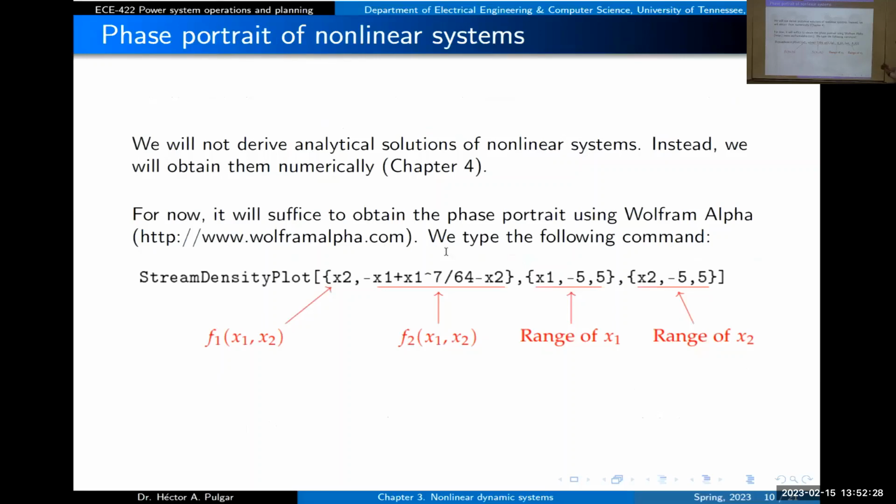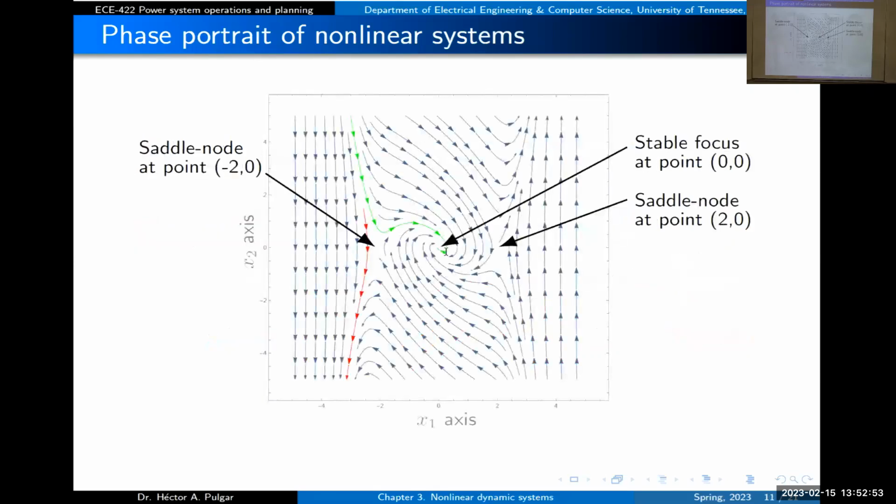To verify this, because we're not going to get the solution in this chapter, we're going to work on that in the next chapter, chapter 4. But for now, we can use Wolfram Alpha, and we can get the stream plot. You can use this command and put the equation in the range in which you want to plot the variables x1 and x2, and then we can get the phase portrait.